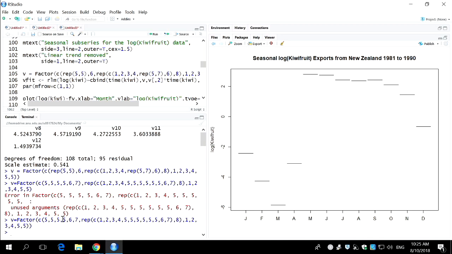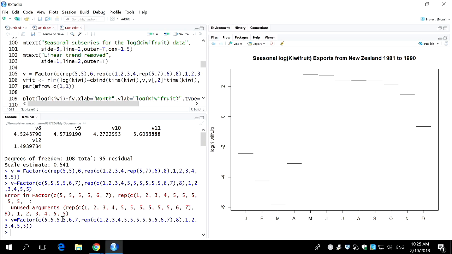The data set starts in July. We've decided that's season 5, and season 5 goes on for a while. July, 5. August, 5. September, 5. October, 5. November, 6. December, 7. That's the first 6 months of the data. Then you have 8 full years. What's a year?